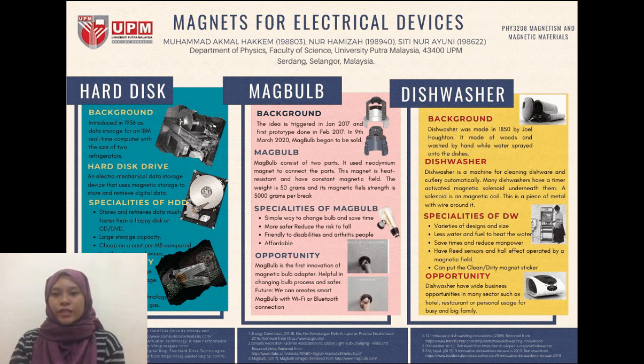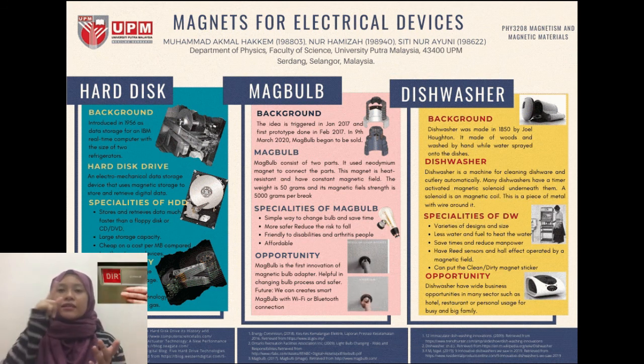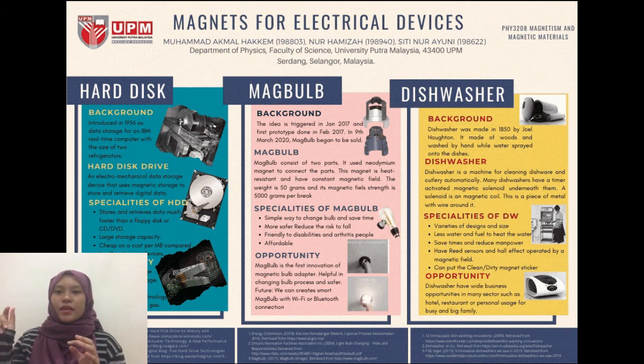And the last innovation that I can find, which I think is new for this year, is a magnet sticker that can be put on the dishwasher. It has parts that say clean and dirty, and we put them on the dishwasher.